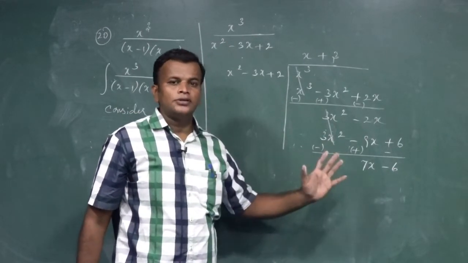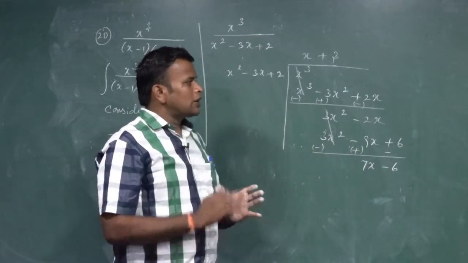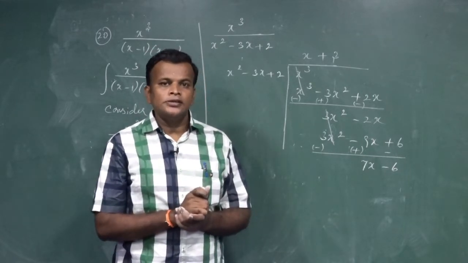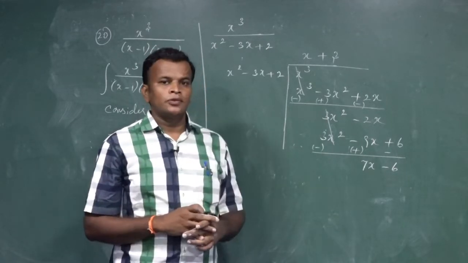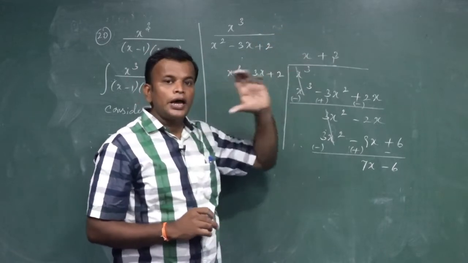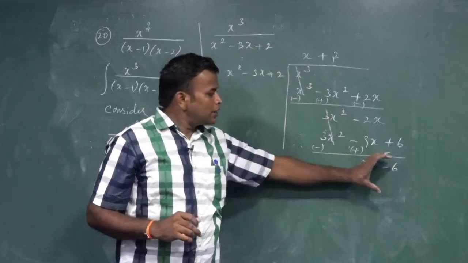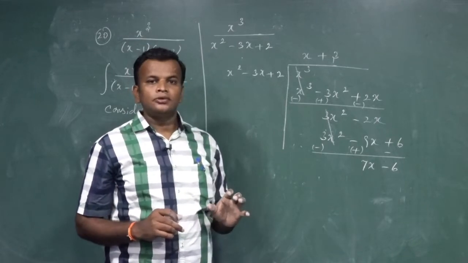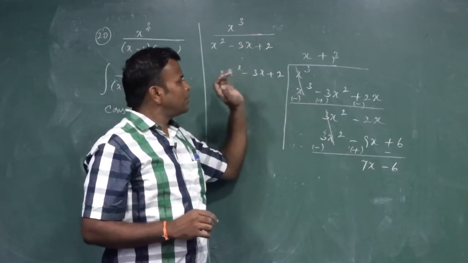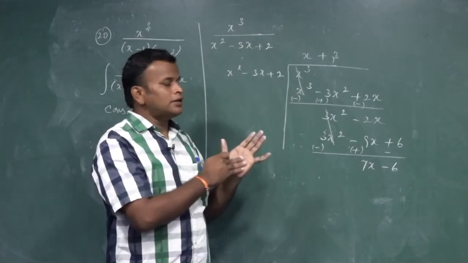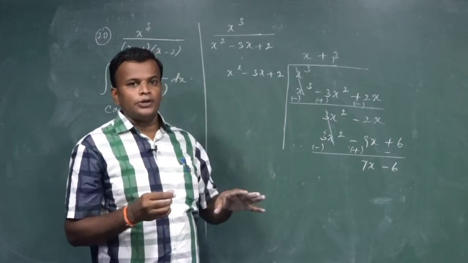Now we see the denominator has degree 2 and the numerator has degree 1, so it is proper. To convert an improper fraction into a proper one, we write the quotient plus the remainder divided by the divisor.